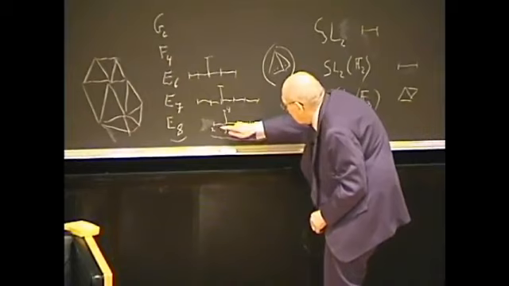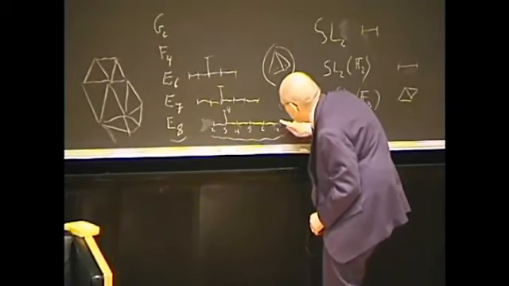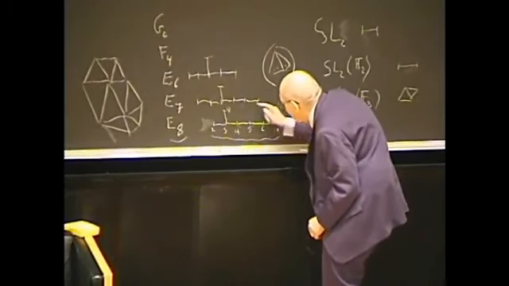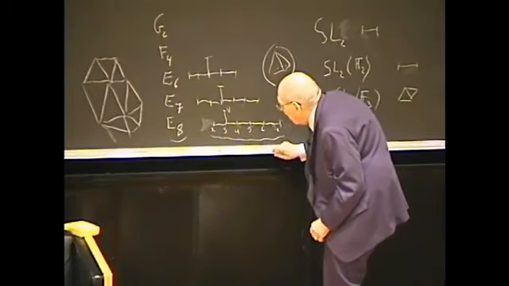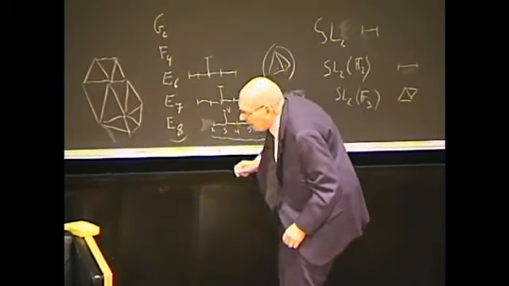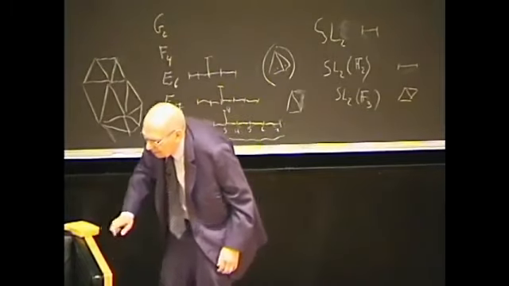D7 is there are 7 vertices, and this is type D7, and the basic rule of the whole game is this.